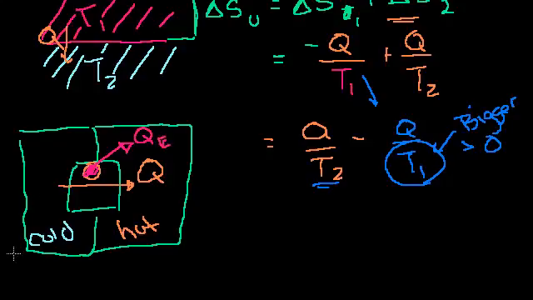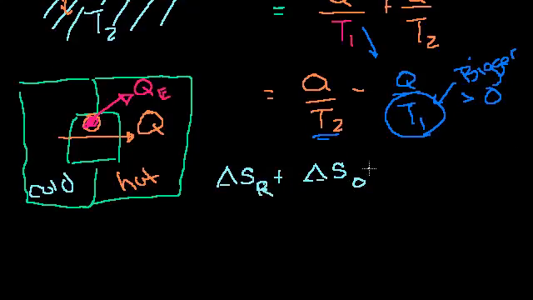So if you wanted to figure out the total entropy created, the total entropy for the universe, it would be the change in entropy of the cold room, plus the change in entropy for outside. I'll call this one for the room.